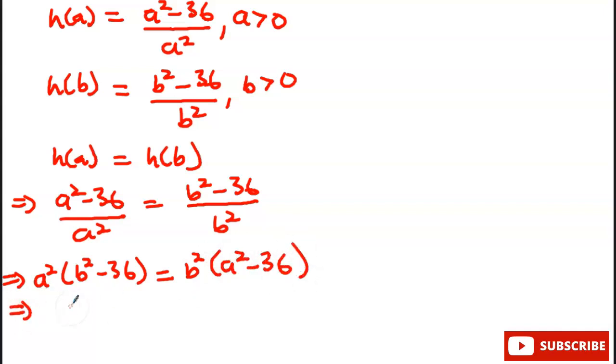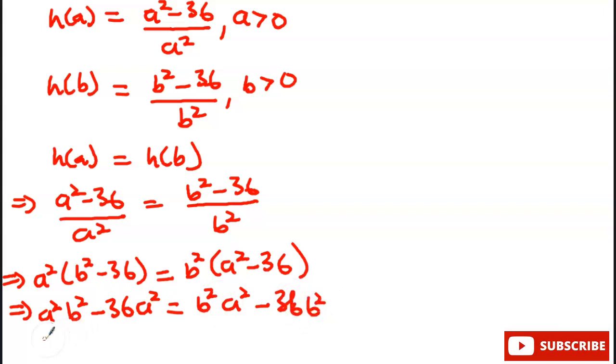So let's expand. We have A squared B squared minus 36 A squared is equal to B squared A squared minus 36 B squared. So this is A squared B squared, and B squared A squared is the same as A squared B squared. You can bring it here.